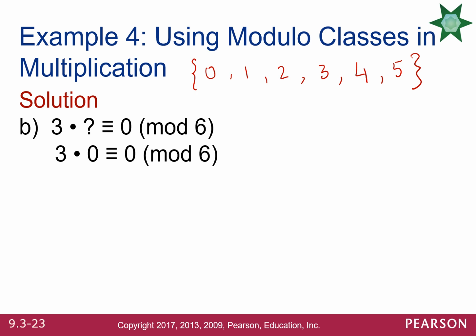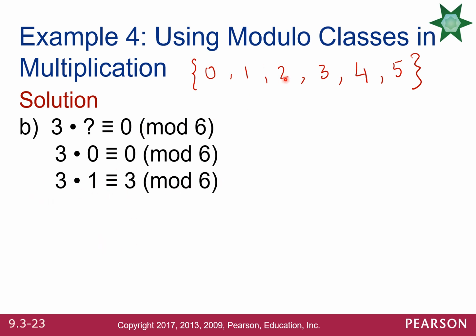All right, so let's go again step by step. Over here we substituted a 1. So 3 times 1 is 3. 3 divided by 6 leaves a remainder of 3. We are looking for a 0. So 1 does not satisfy the statement here.